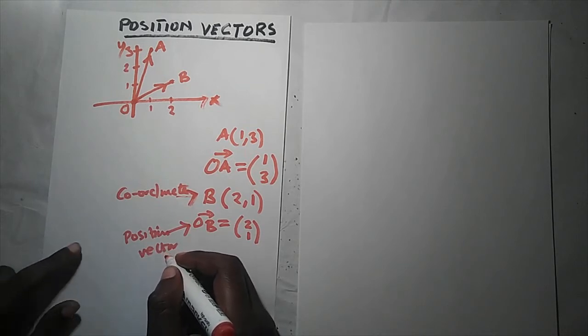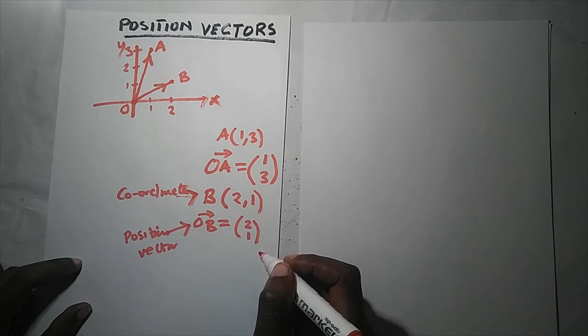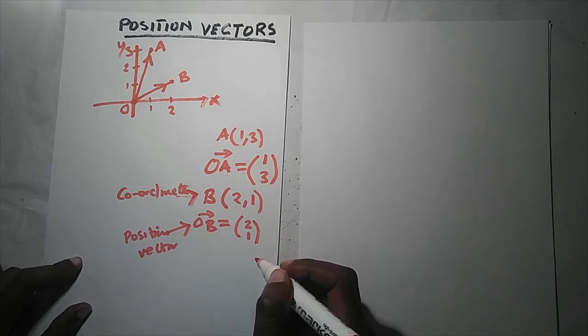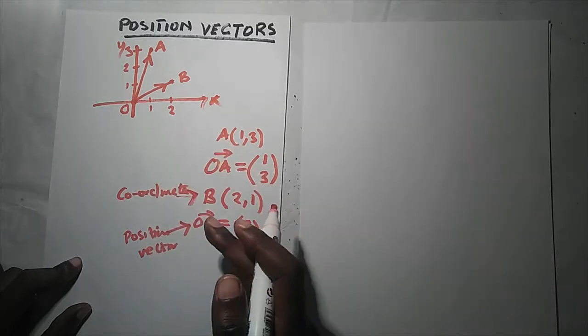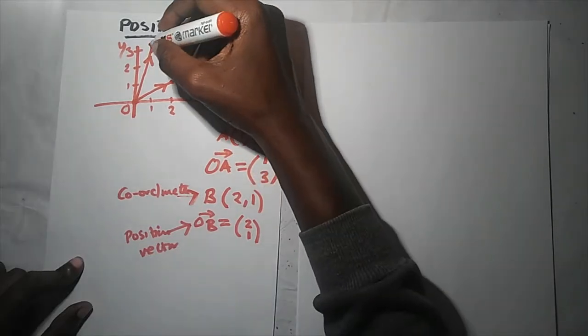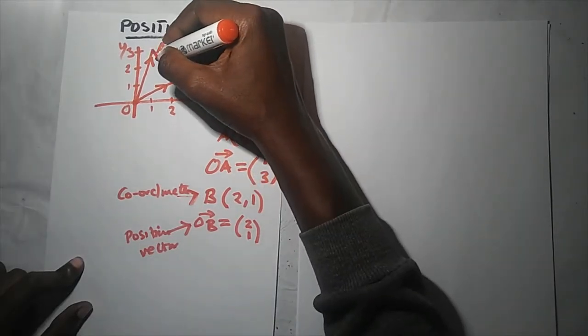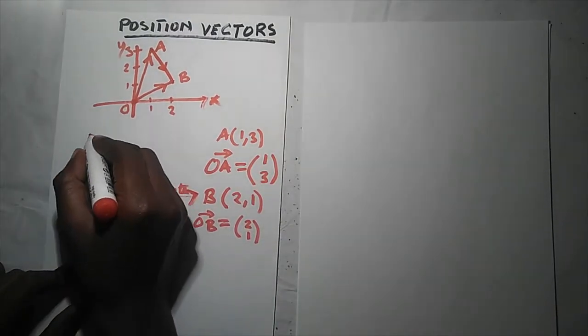Now, when you are given two position vectors, OB and OA, normally we will ask questions on this vector here. We'll ask you to find the vector AB, for example. So, for example, if we ask, okay, can you find the vector AB? Find AB.